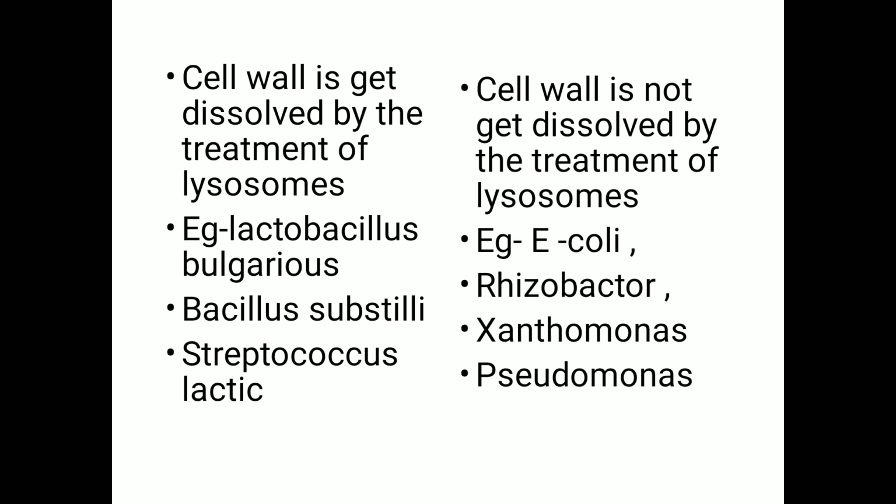Next difference: the cell wall of gram positive bacteria gets dissolved by treatment with lysozyme, and in gram negative bacteria, it is not dissolved by the treatment with lysozyme. The examples, as we discussed before: Lactobacillus, Bacillus and Streptococcus are examples of gram positive bacteria, and E. coli, Rhizobium, Xanthomonas and Pseudomonas are examples of gram negative bacteria.